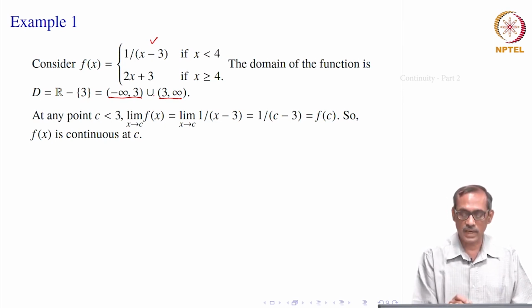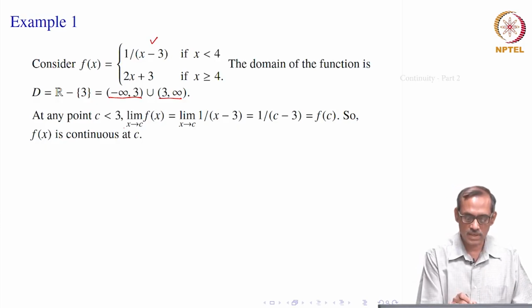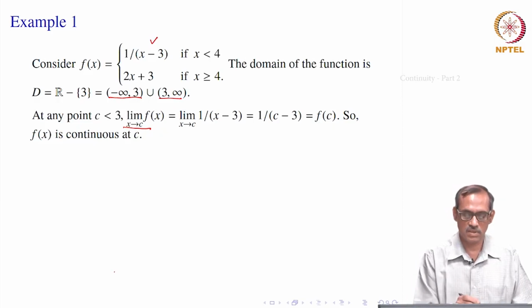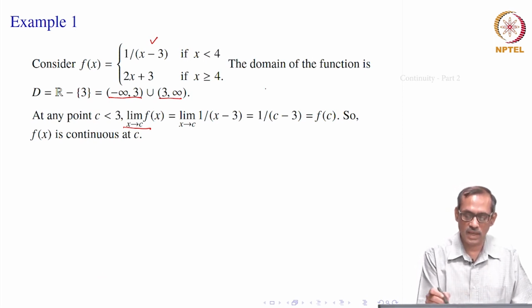So, it is not only one sided, both sided limits are there. So, the notion of limit as x goes to C is meaningful here, right, if C is less than 3. Even at C equal to 3, both sides are meaningful. Okay. So, once we take C less than 3, the first one is applicable, it is an interior point, right, of minus infinity to 3. So, C is an interior point here.